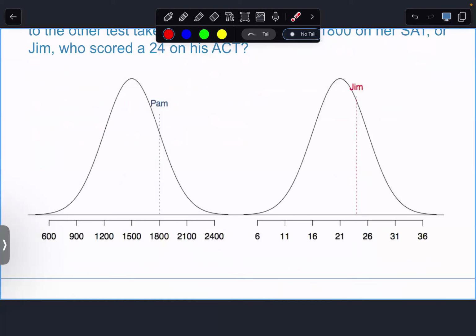So we know that Pam wrote the SATs and Jim wrote the ACTs. The SATs are centered on 1,500, and the ACTs I'll match their color scheme.